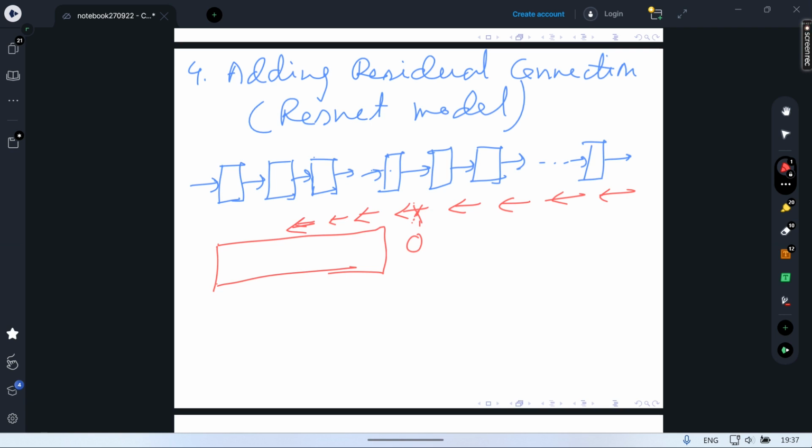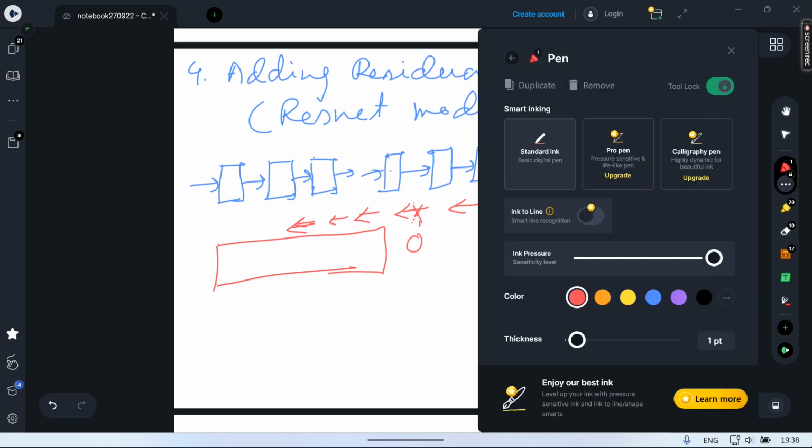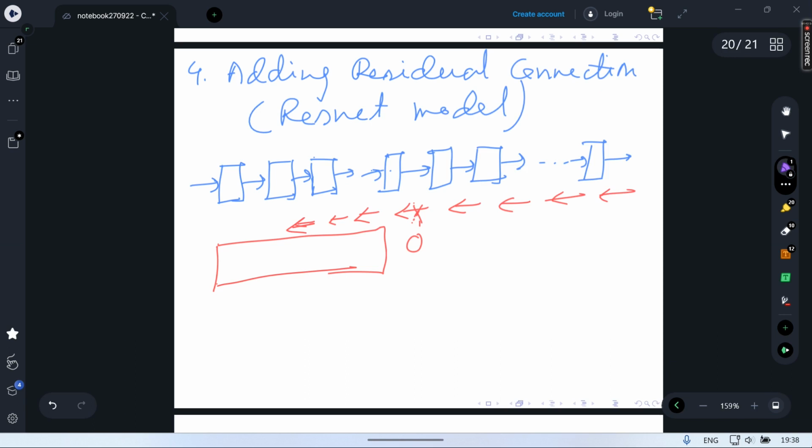Now, in the case of a residual network, what is done? You add some residual connection. What is that? It's basically a shortcut connection or skip connection from, say, a lower layer to a higher layer. So suppose you are here. In a general network, the information flow will be something like this.